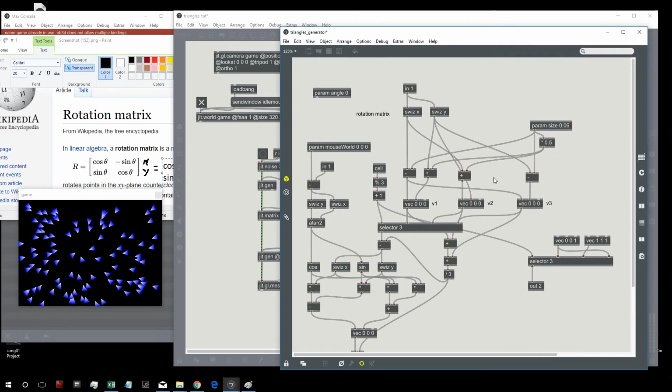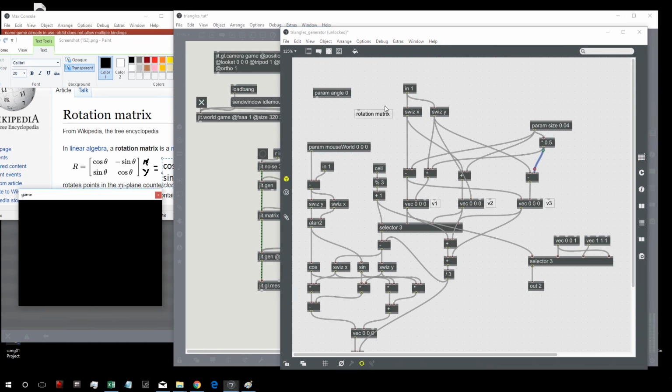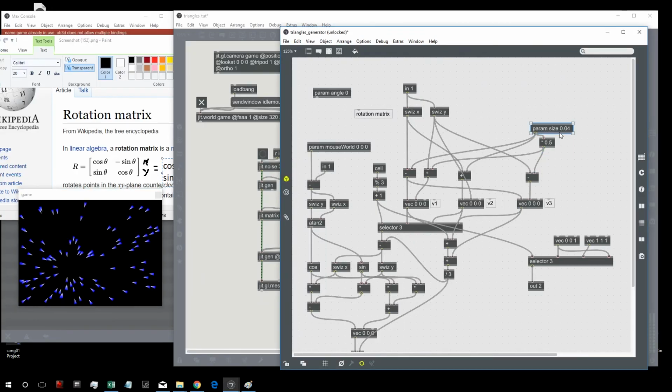Sorry, I did something wrong. It was not this one, but this one. Exactly. Now our triangles are a bit more pointy. Let's make them a bit bigger. Okay, cool.